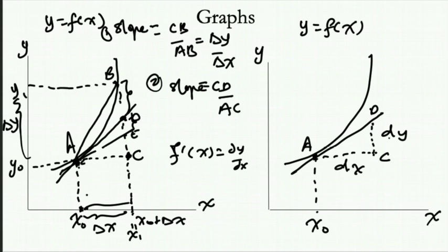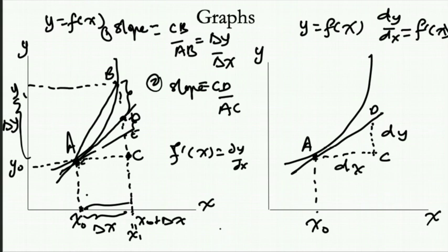Then we can have dy over dx, which, because it's a tangent line, we can also write this way, f prime x, isn't it? And if you look here, it is actually the slope of the tangent AD. And from here, let me rewrite it.